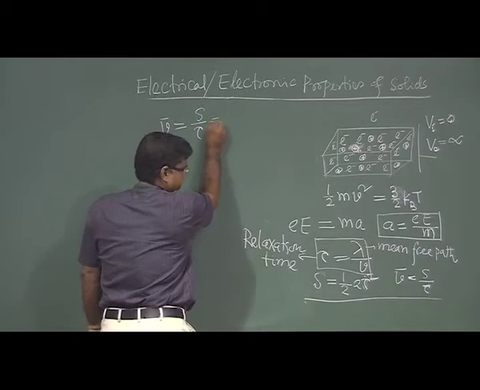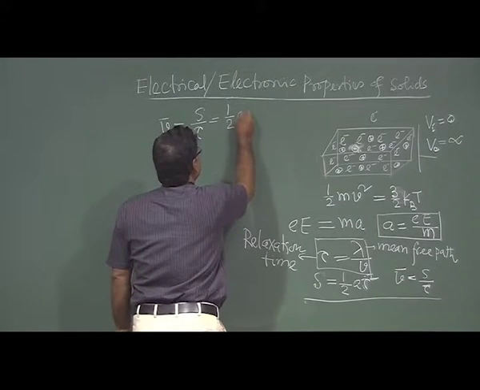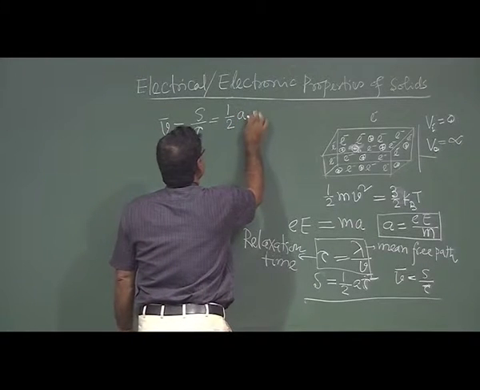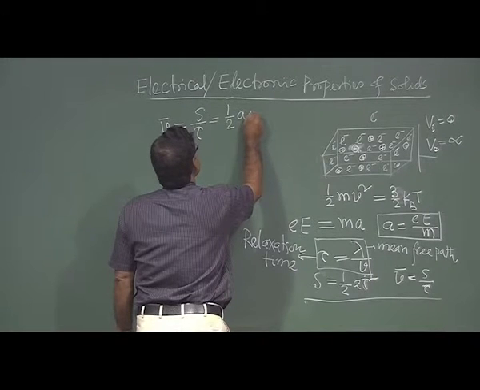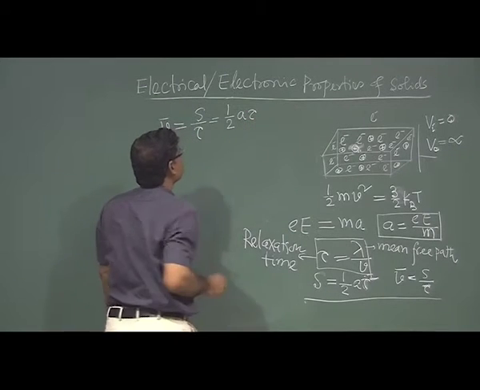So, S equals half A tau square, and dividing this by tau, we get tau, right.